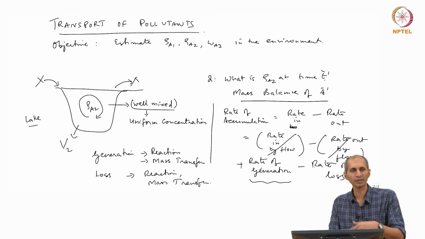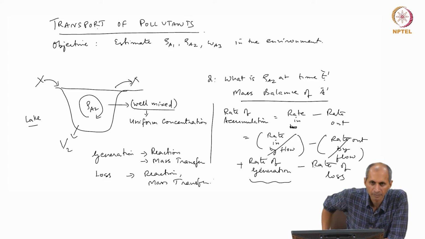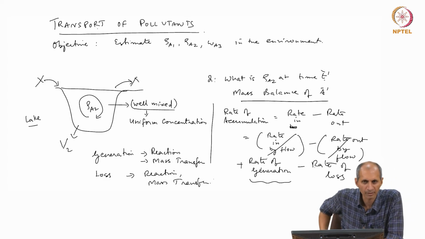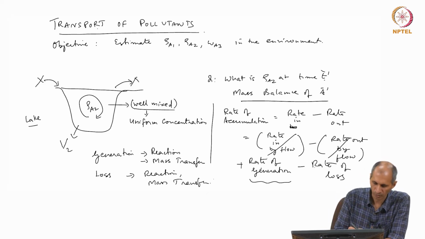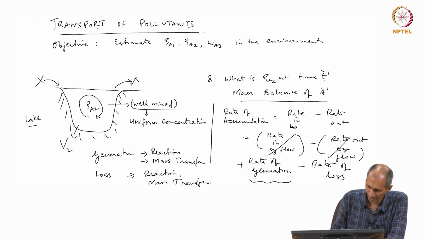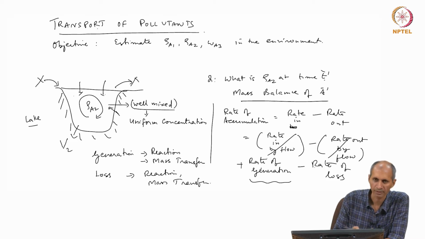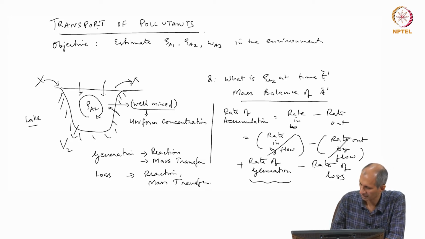Mass transfer means it is going out of the system, not with flow, but by some other means, by evaporation or by accumulating onto the walls of the lake, the solid. In the same way, gaining into the system means it is transferring from the sediment to the water, or it is coming from air into the water. All these are possible. So, this entire mass balance is written this way.